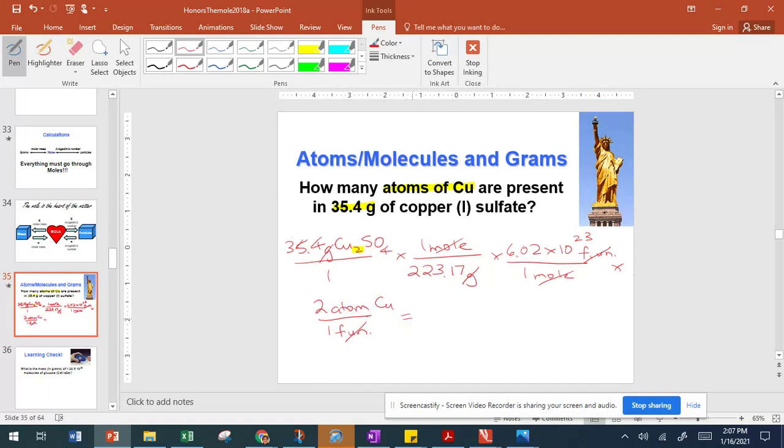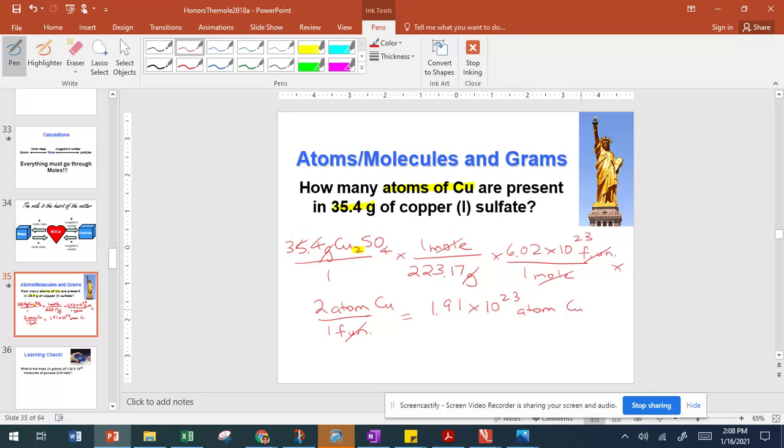And then when we calculate that out, we get 35.4 times 6.02 times 10 to the 23rd times 2, and then divide that whole thing by 223.17 grams, and we get 1.91 times 10 to the 23rd atoms of copper.